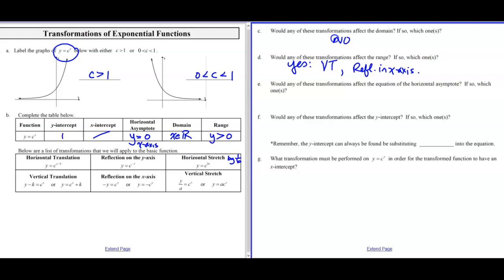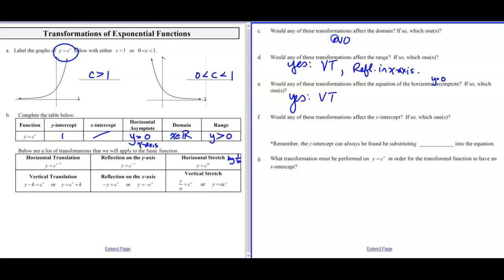Now, specifically, the horizontal asymptote. Now, remember, the horizontal asymptote has the equation y equals 0. So if I vertically translate this up or down, what happens to the asymptote? It changes too, right? So yes, vertical translation.